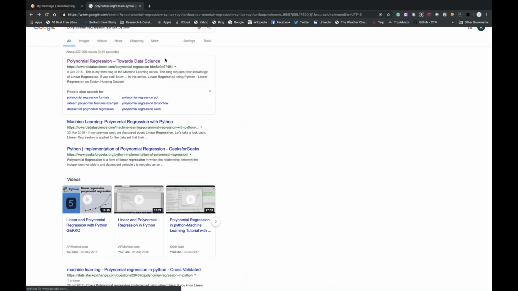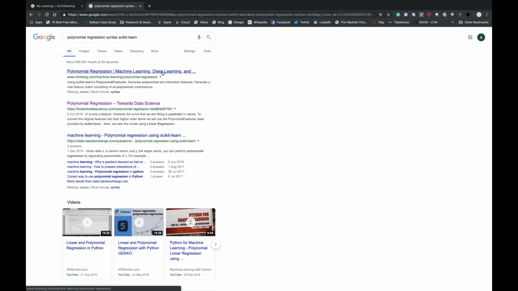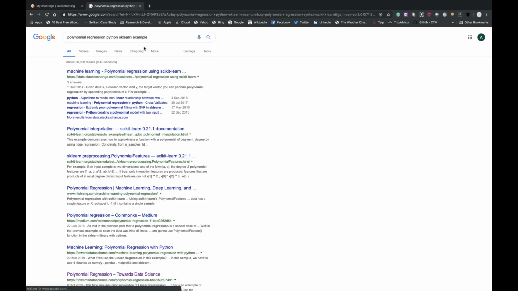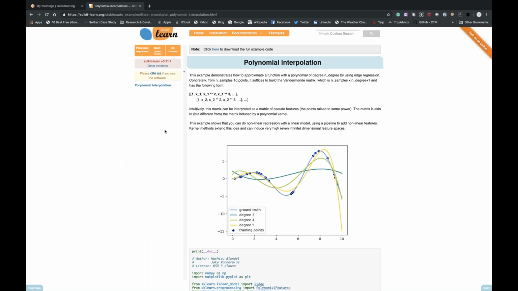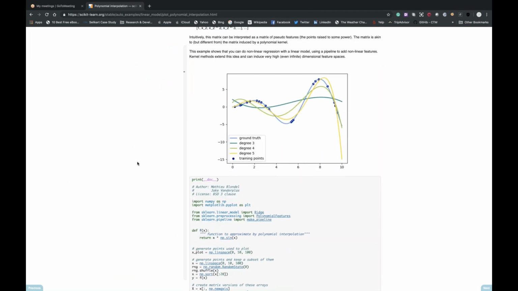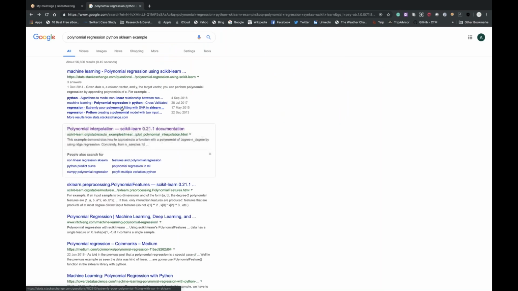Okay, now I'll search scikit-learn because I wanted to show you the syntax. Yeah, PolynomialFeatures.